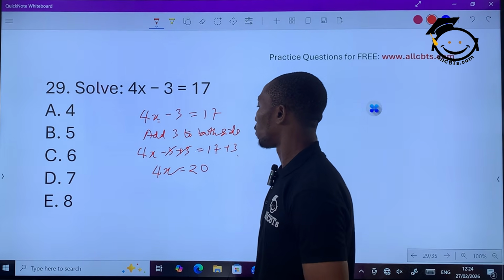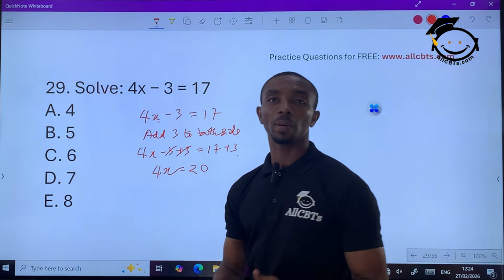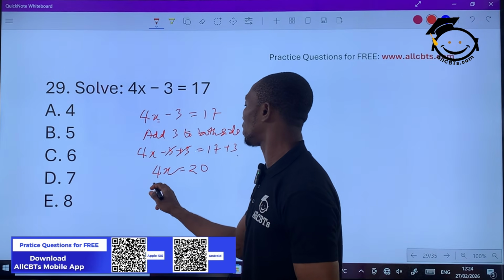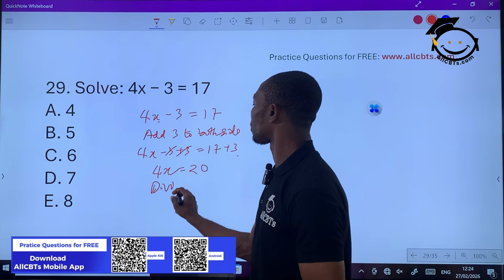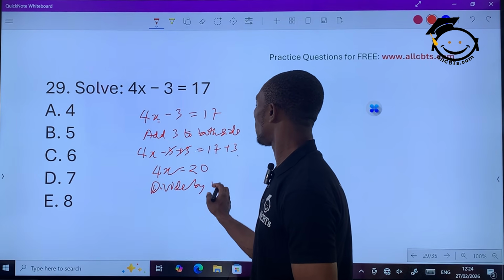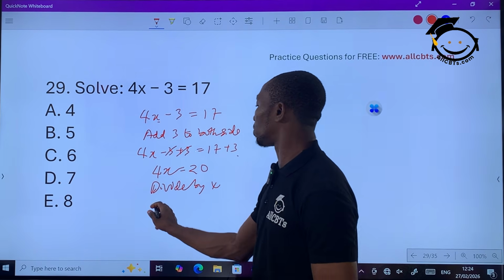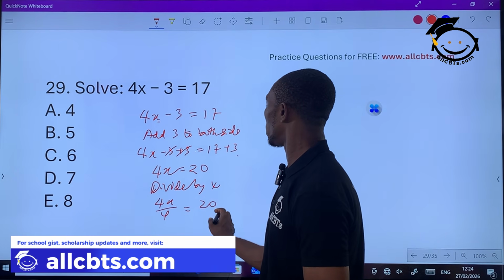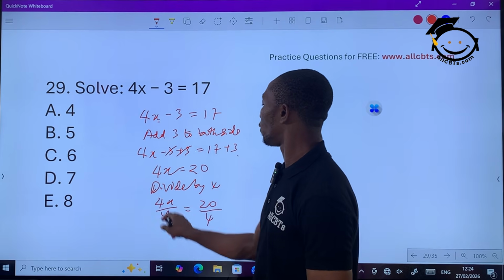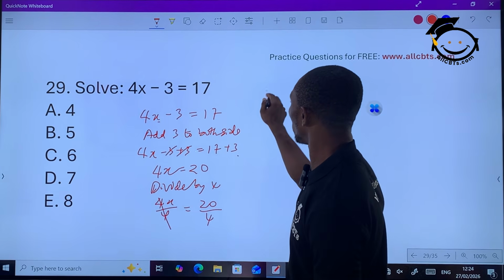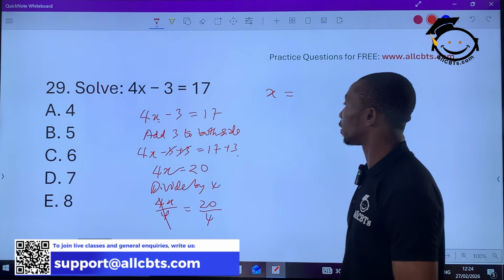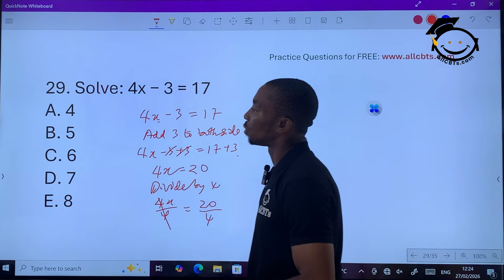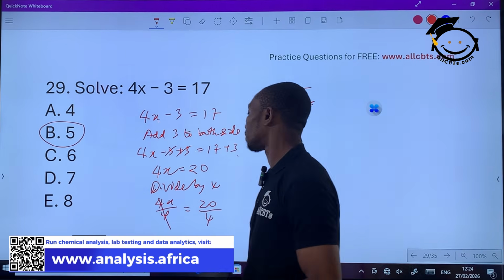Now from here, x is being multiplied by 4, so we divide by 4. So this becomes 4x over 4 equals 20 over 4. 4 cancels 4, leaving us with x equals 4 into 20, 5. So the value of our x would be 5.